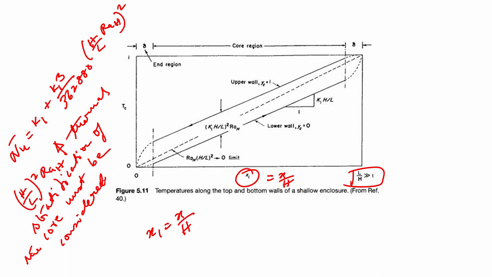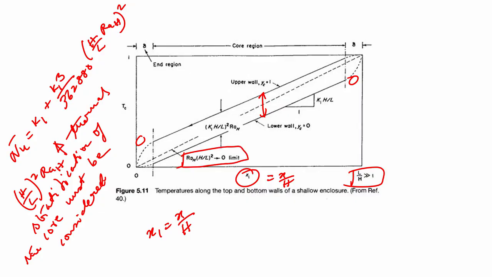In other words, it essentially means that you have a degree of thermal stratification between the upper wall and the lower wall. That is what we mean, and these are obviously the end effects close to the wall. You can see that there is a degree of thermal stratification between the lower and the upper wall, which is quite evident from this plot.